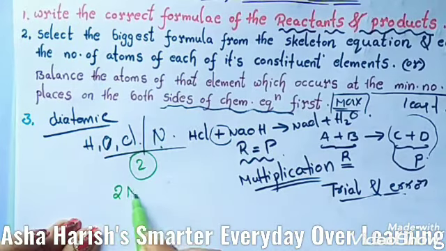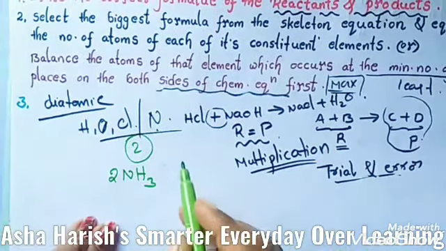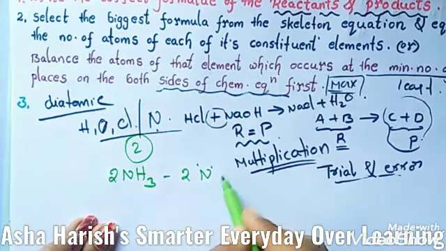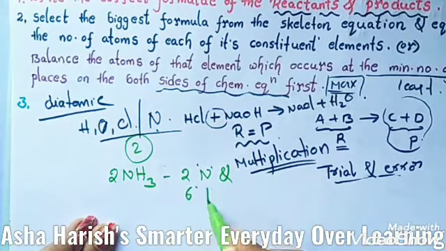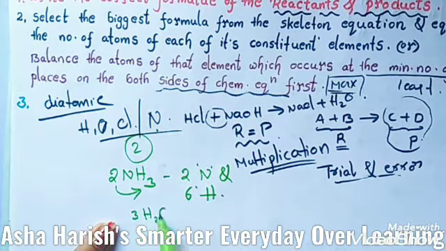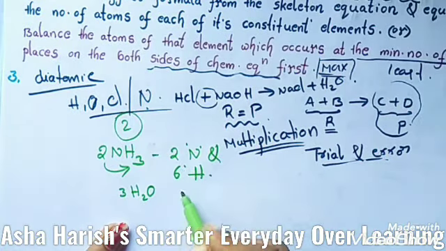Thus 2NH3 means 2 atoms of nitrogen and 6 atoms of hydrogen. Why? Because 2 times 3 is 6 atoms of hydrogen. And for example 3H2O indicates 6 atoms of hydrogen and 3 atoms of oxygen.